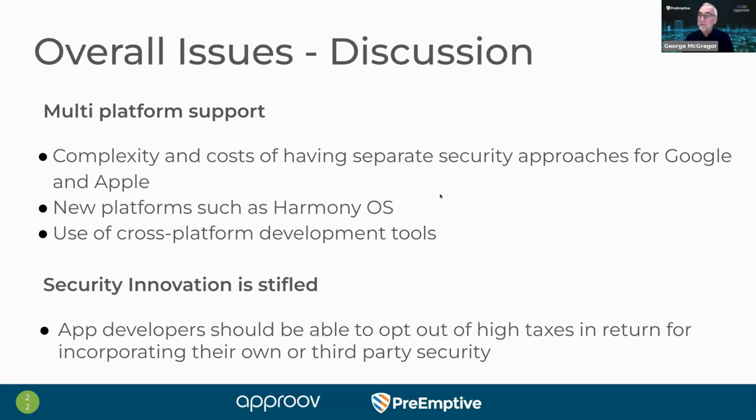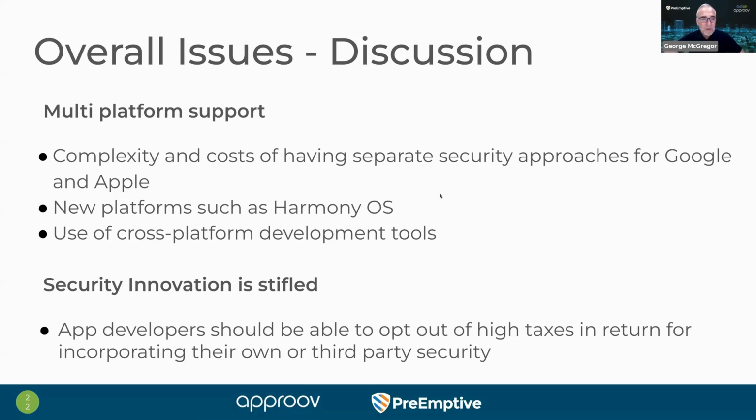So again, John, we thought we would chat a little bit about this as well. We talked about some of the technical challenges of the Apple and Google security approaches, but the big picture, or the elephant in the room, is not that. It's really that there are some other things that are important.